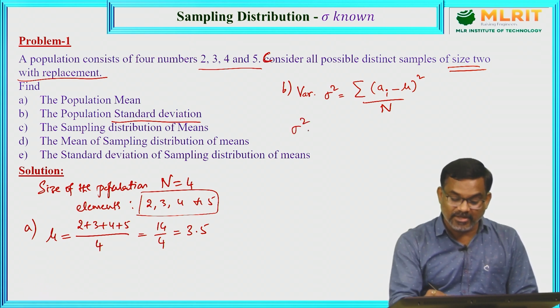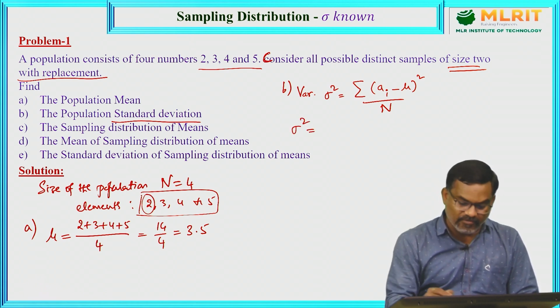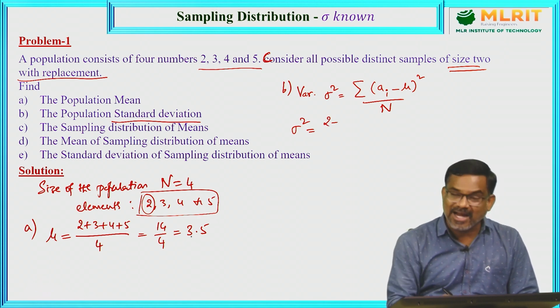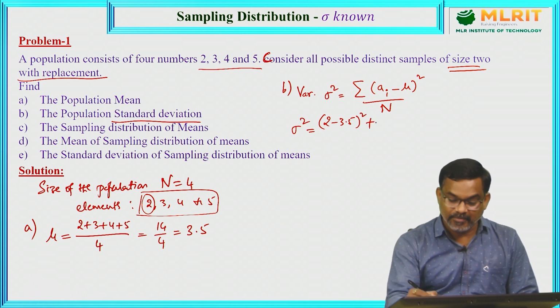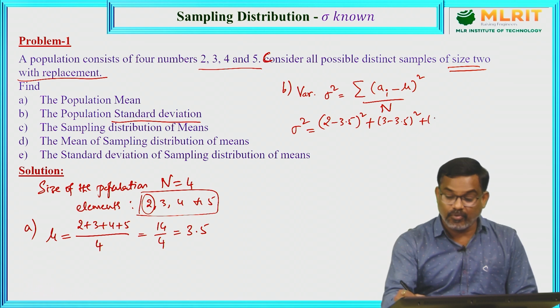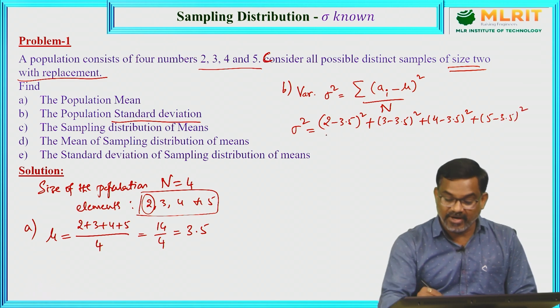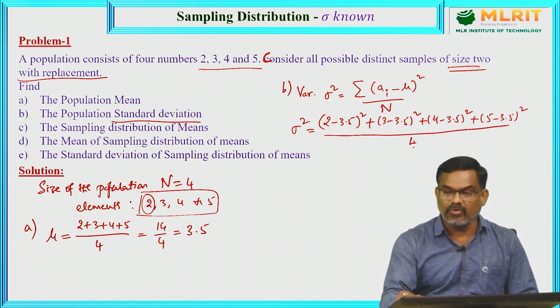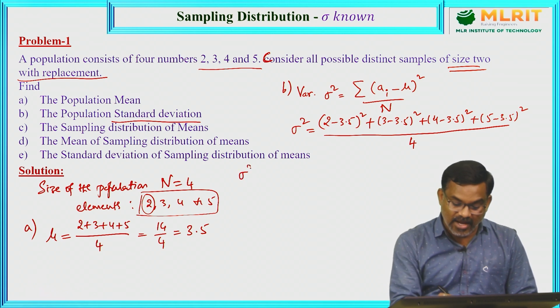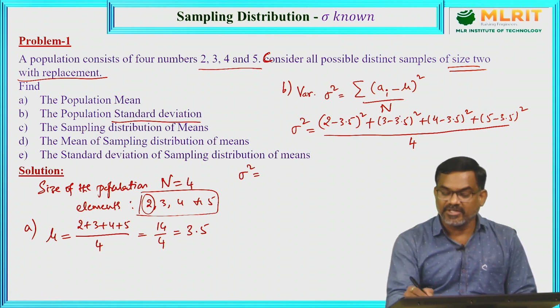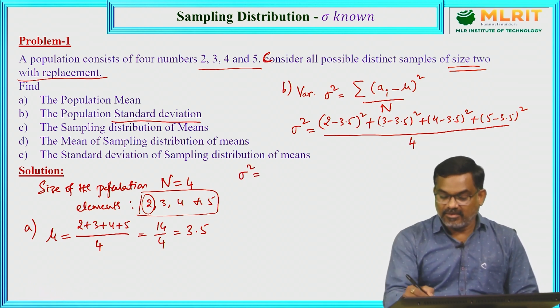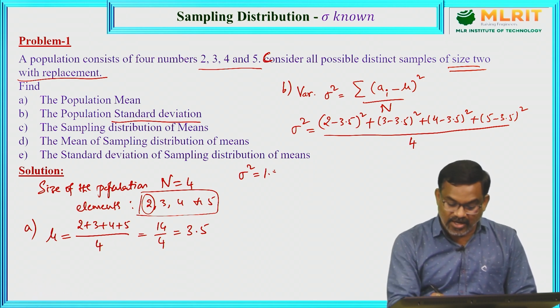So sigma square is equal to, from each individual value subtracting mu 3.5: (2 minus 3.5) whole square plus (3 minus 3.5) whole square plus (4 minus 3.5) whole square plus (5 minus 3.5) whole square, divided by how many elements are there? 4 elements. After simplifying and using the calculator, we find this value as 1.25.